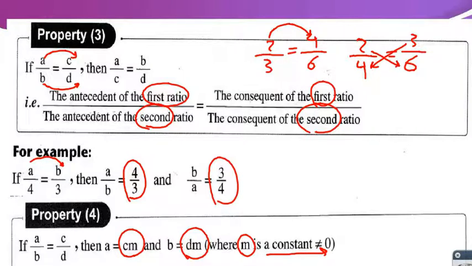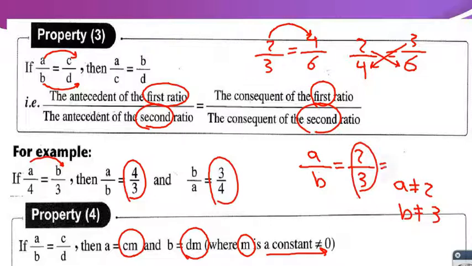For example, if A over B equals 2 over 3, then A equals 2, B equals 3? No. Why? A over B equals 2 over 3. 2 over 3 equals 4 over 6, or not?